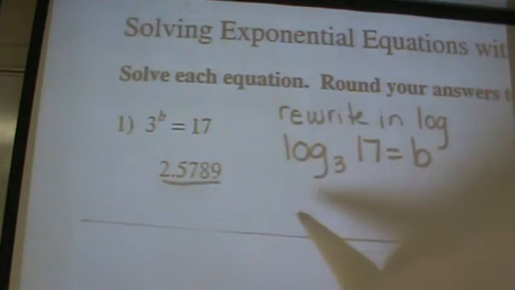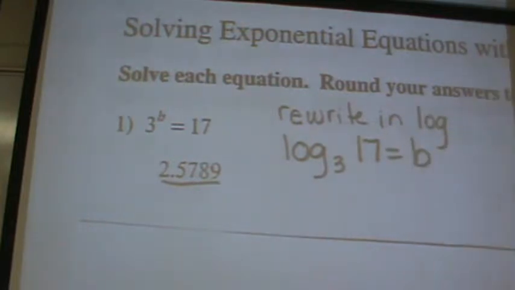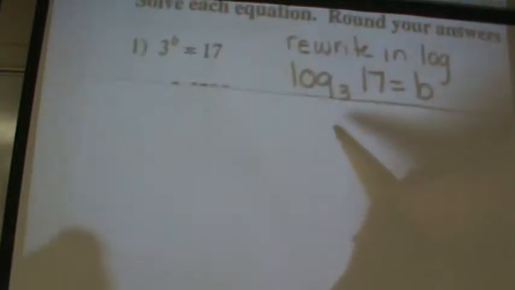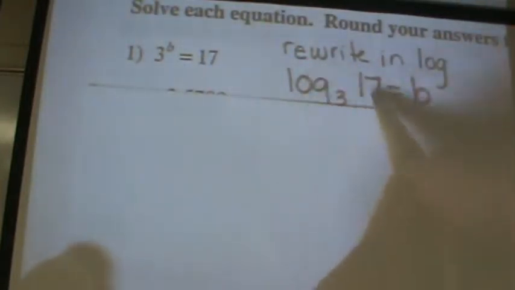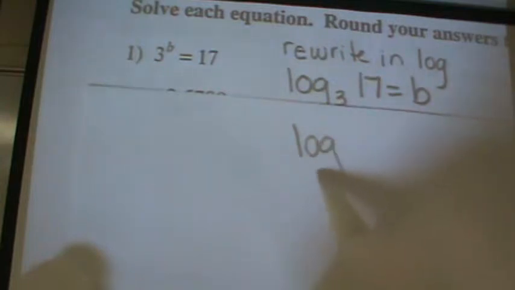You type this in your calculator. Now there's 3 ways to type this in your calculator depending on what you're using. If you're using the Inspire, you can do it right the way it is. If you're using the 83s or the 84s, you're going to do the change of base formula, which is the log of 17 divided by the log of 3.